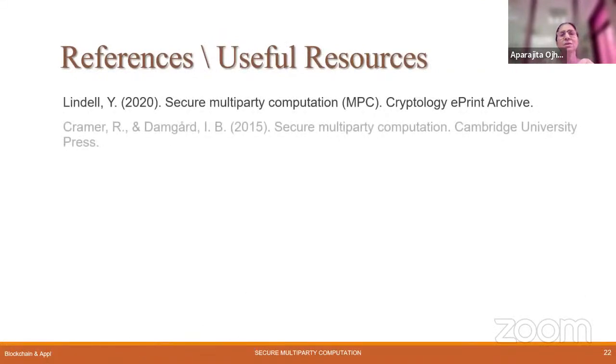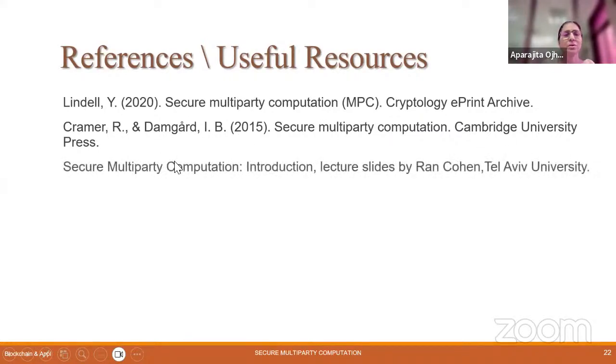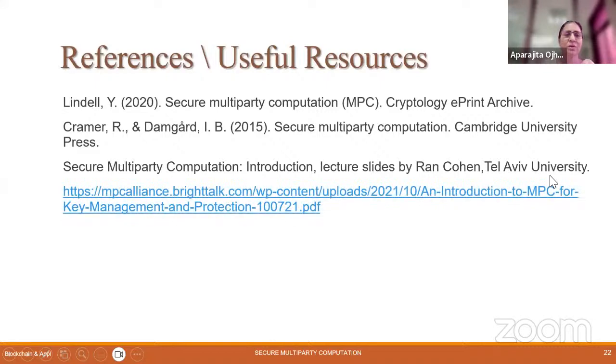This is a very good resource on secure multi-party computation by Lindell. And then this is another book, and lecture slides by Ron Cohen of Tel Aviv University are also wonderful slides, very well explained. And I also found this introduction to MPC for key management protection.